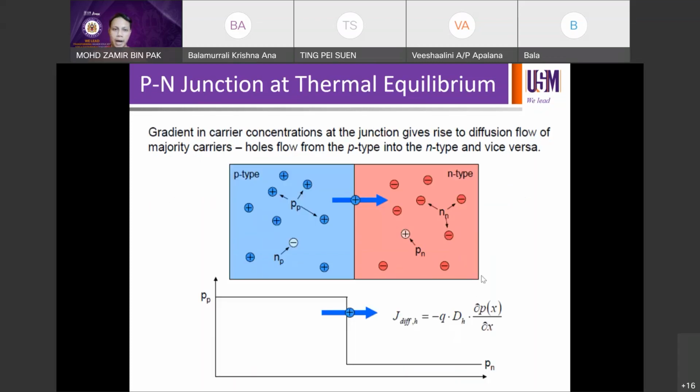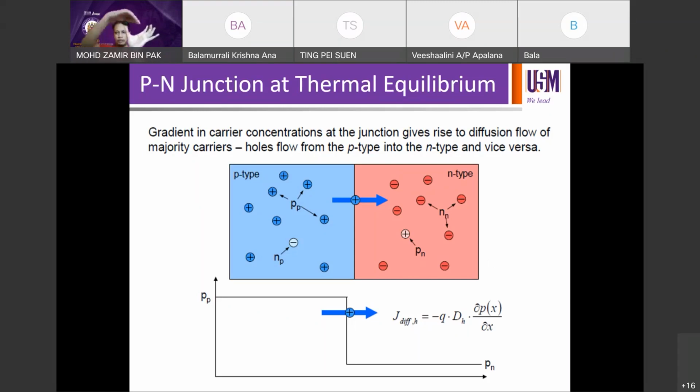So the moment you combine, you get a gradient in carrier concentration at the junction, near the junction. It doesn't happen all the way throughout the P, all the way throughout the N, because they will not be able to see a gradient if you go away from the junction. It will only happen near the junction region, okay? So the diffusion only happens near the junction.